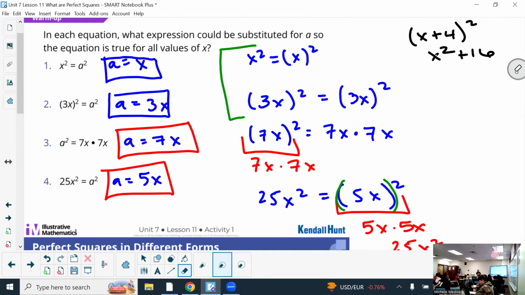The only way that it cancels out that middle term is if it's a difference of squares, which we did last Friday, where one of them has a plus and the other one a minus. That's the only time that the middle term cancels. If you have an expression like this squared and you multiply it out, you should get a trinomial.